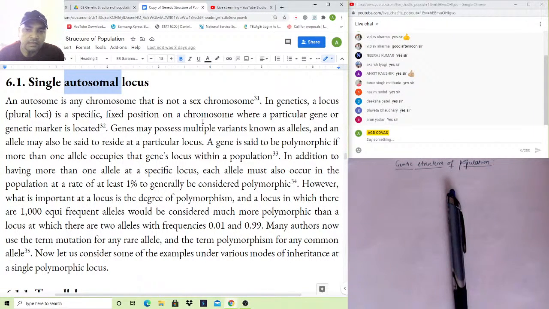And in genetics, a locus, for which the plural we say loci, is a specific fixed position on a chromosome where a particular gene or genetic marker is located. So a gene is nothing but part of the exome, that is the coding part of the chromosome or the DNA.